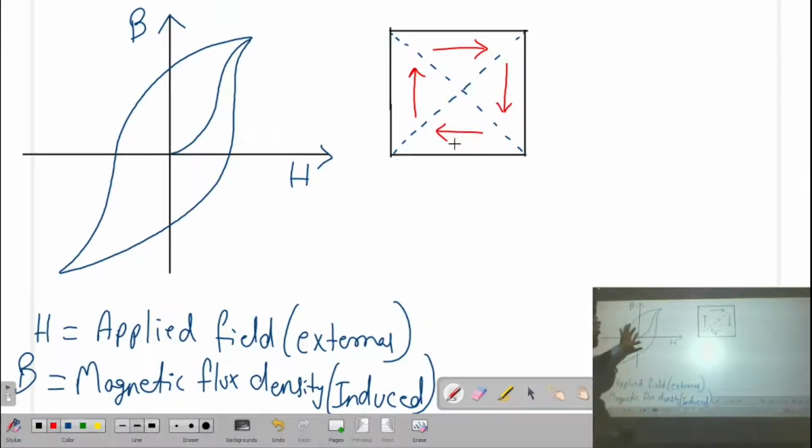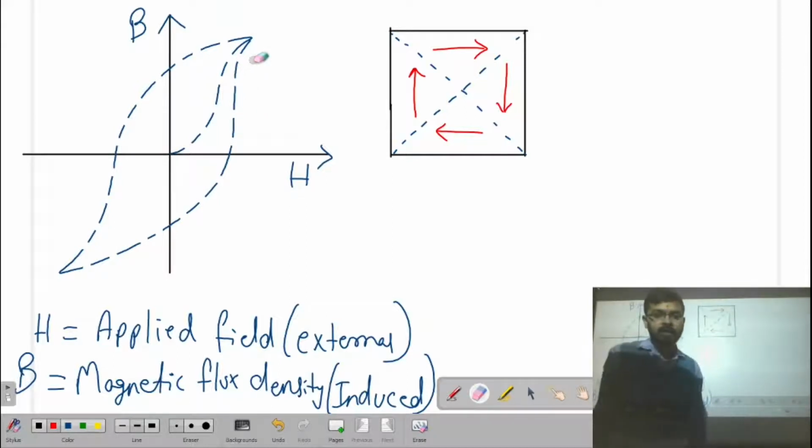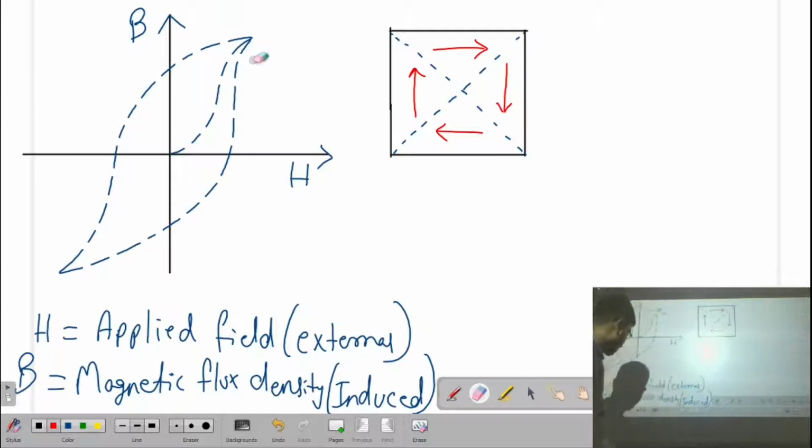Now, how we can relate this? Let us try to understand this curve with respect to the magnetic domains.